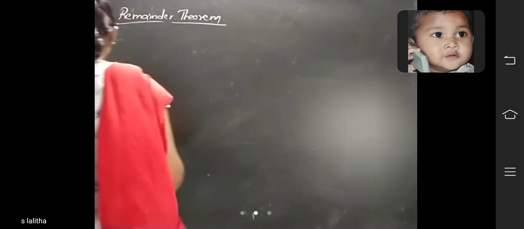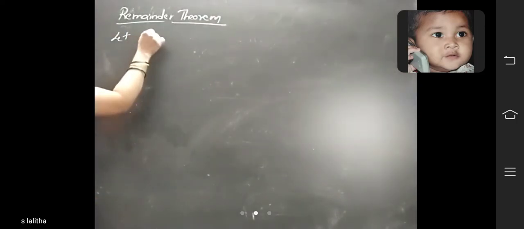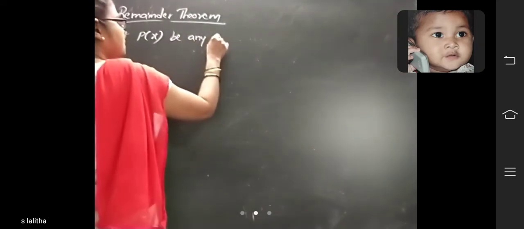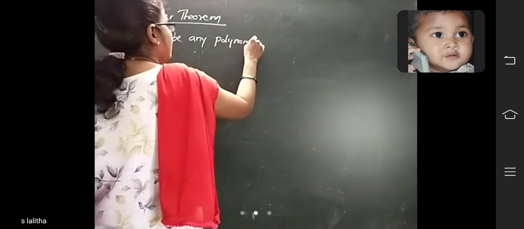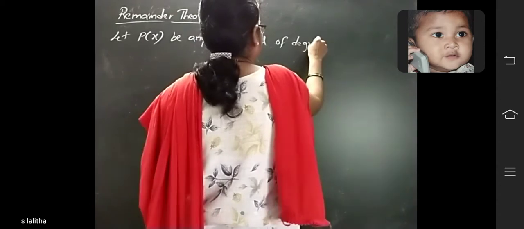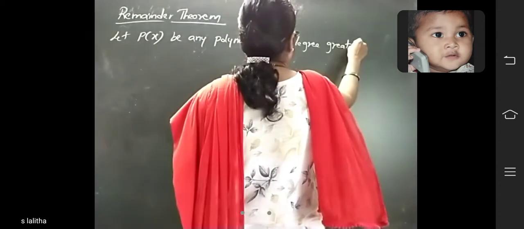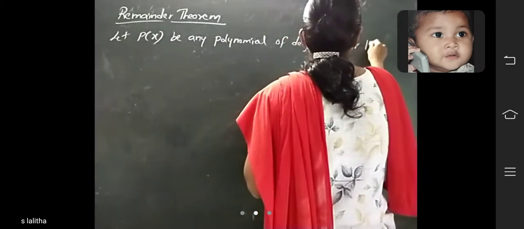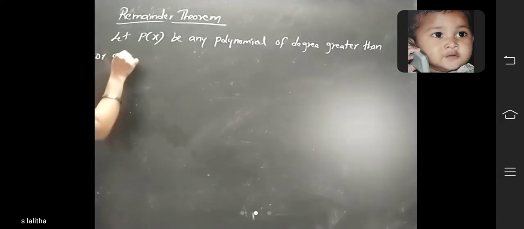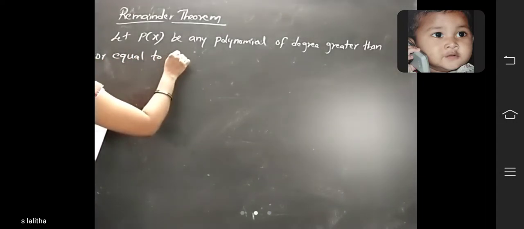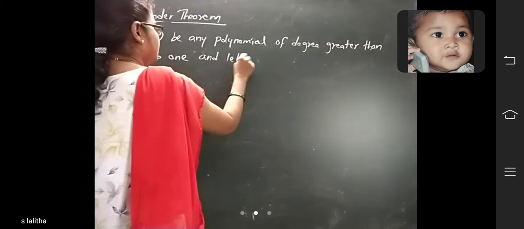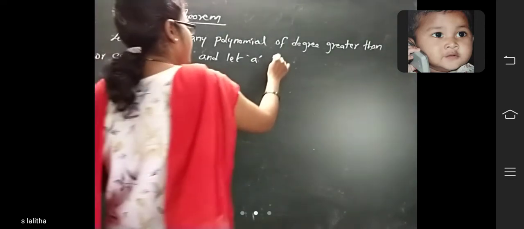Remainder theorem. Let p of x be any polynomial of degree greater than or equal to 1, and let a be any real number.